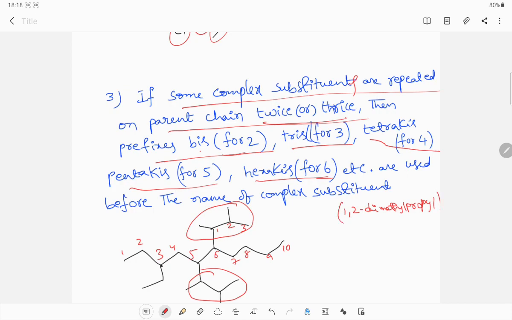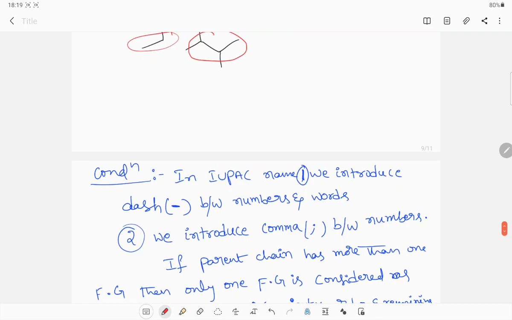That's why before the name what do we need to introduce? Bis we need to introduce. This position is what? 5 comma 6, 5,6-bis(1,2-dimethyl propyl), and the other substituent is an ethyl group at third position, 3-ethyl decane. Okay.